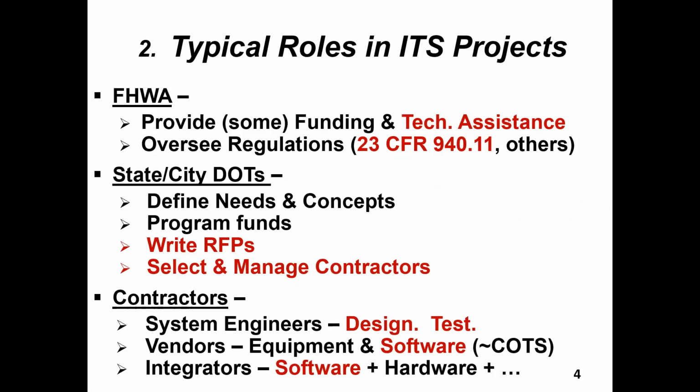So in playing those roles, regarding the Agile processes to be used, the state departments of transportation play a more active role. They not only develop concepts and program the TIP process, but the RFPs for the projects, and then select and manage.